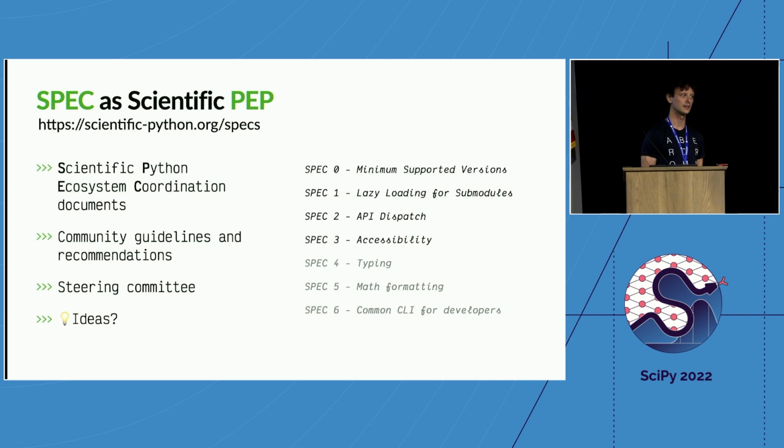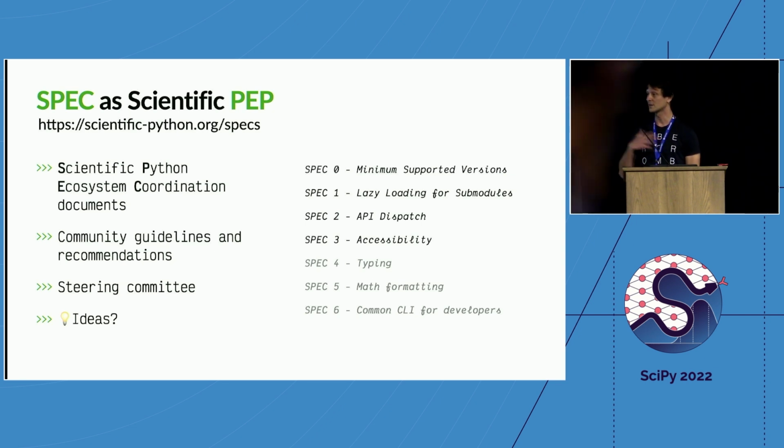Here we're trying to say, on top of using the NEP, let's have general guidelines for the whole Scientific Python ecosystem: how long should we support Python versions, what is the guideline for my package, and how should I evolve with respect to dependencies, deprecation warnings and things like that.